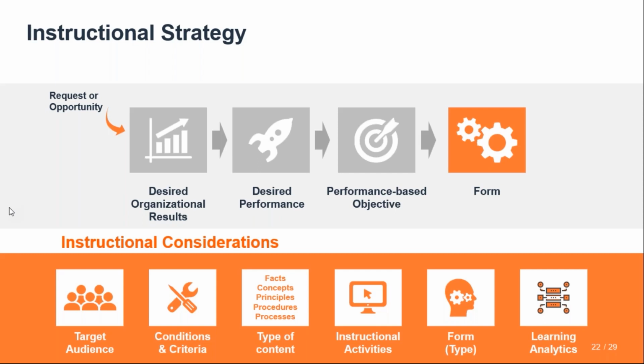We won't go into details in this particular presentation, but we all know that for processes and steps, they have to be taught in a sequential manner, and if they're very complex, then maybe make it visual using graphics and images, whereas facts could be very dry and boring, so they will need a huge visual component to make them appealing. So the type of content will give us cues into the type of instructional activities we should use, and all these things will finally help us identify what the form of our microlearning asset should be.